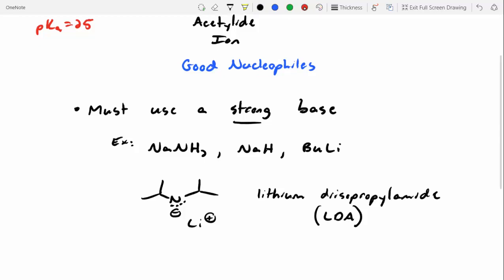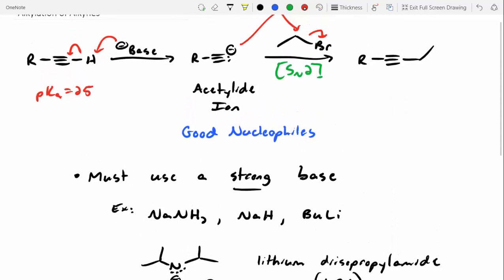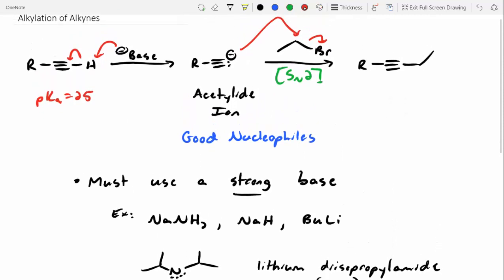The other thing to consider is our electrophile. So the electrophile I used was bromoethane. We said that's a primary electrophile. We said we're doing an SN2 reaction. Will a tertiary electrophile work in this case? What do you guys think? No. As we saw with SN2 chemistry, SN2 reactions only work when that backside is accessible.